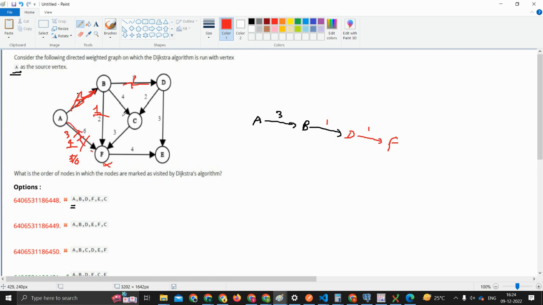So it means that we visited F actually from B and not from A, right? We visited from B only. But you just said that it will be after 1 second only.